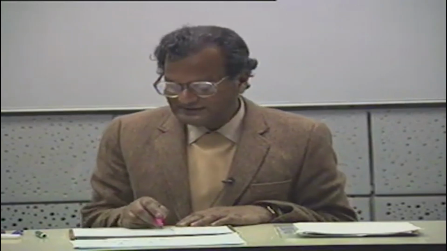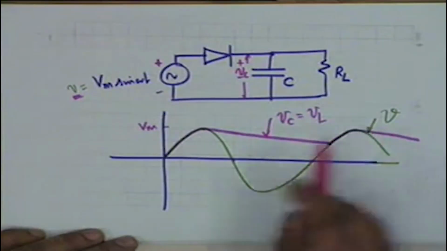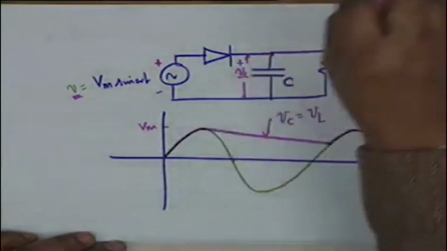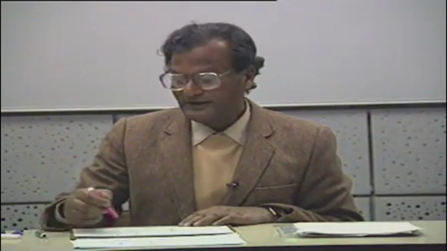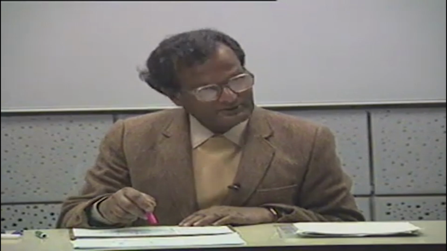What we would have liked is, if it had remained constant like this, then obviously we would have gotten absolutely constant value of DC. Unfortunately that does not happen because there is a load, and as soon as the diode becomes non-conducting, the capacitor loses charge through RL.